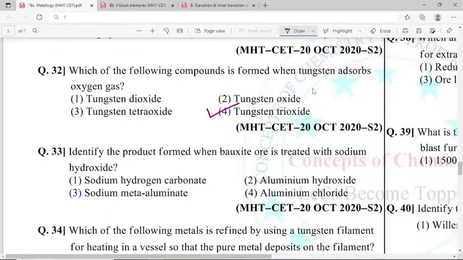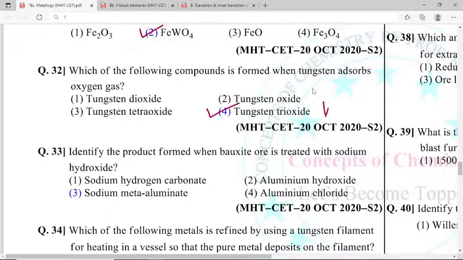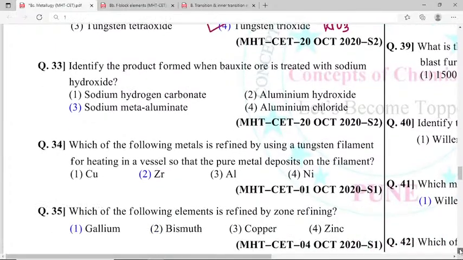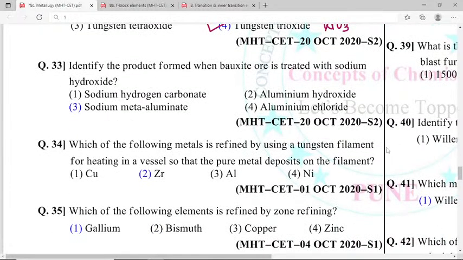Tungsten trioxide, WO3. Identify the product formed when bauxite is treated with sodium hydroxide. Sodium metaaluminate, NaAlO2.